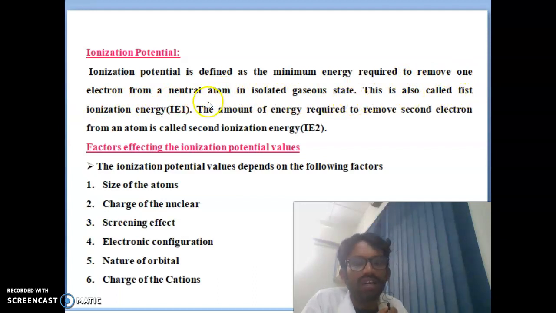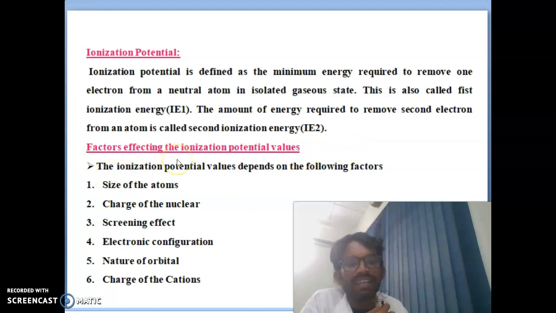It is also called the first ionization energy. The amount of energy required to remove a second electron from the atom is called the second ionization energy, simply IE2.